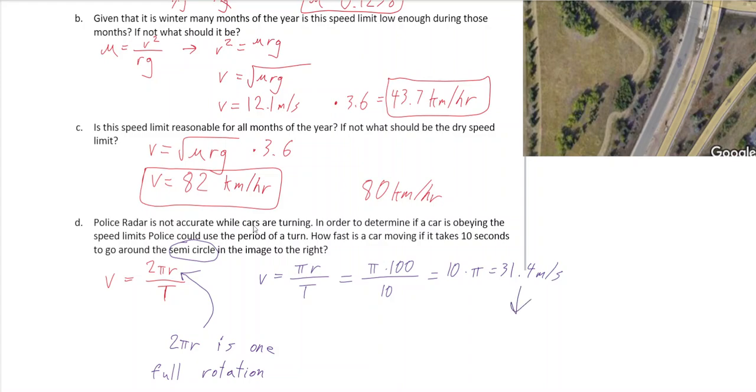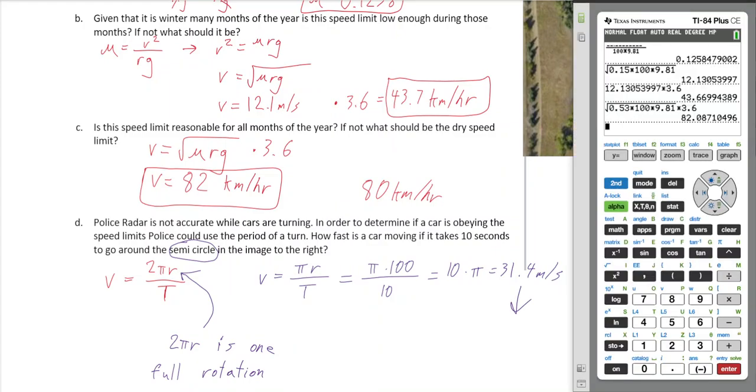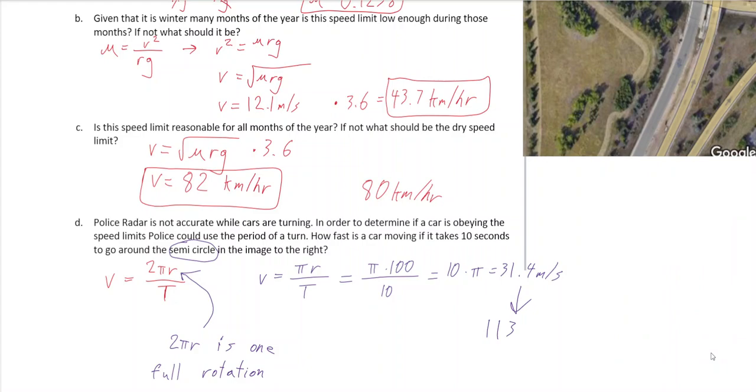Okay, 31 meters per second, because if that is correct, then we're gonna go 31.4 times 3.6, and they're going 113 kilometers per hour. Okay, maybe this example wasn't the best example, but there it is.